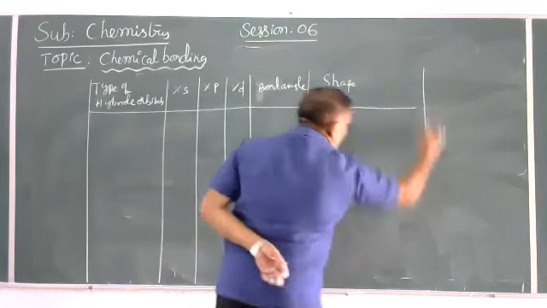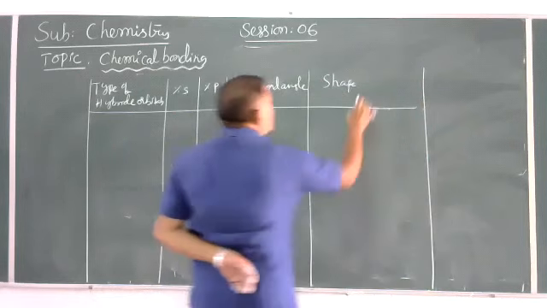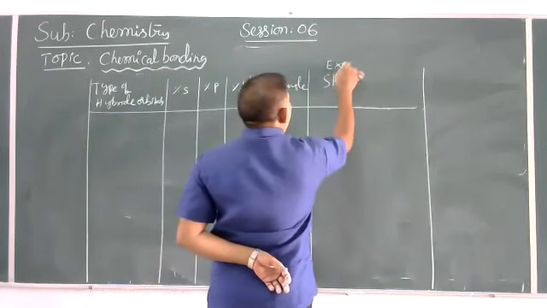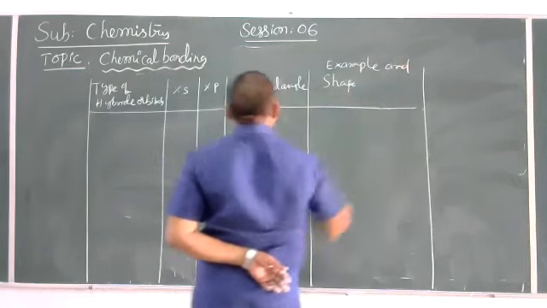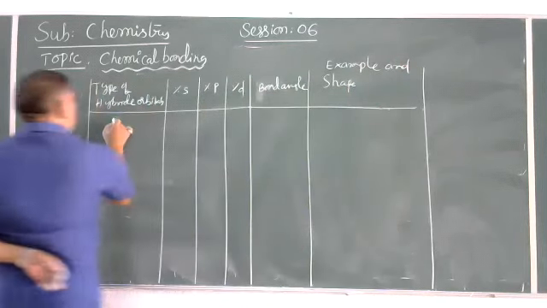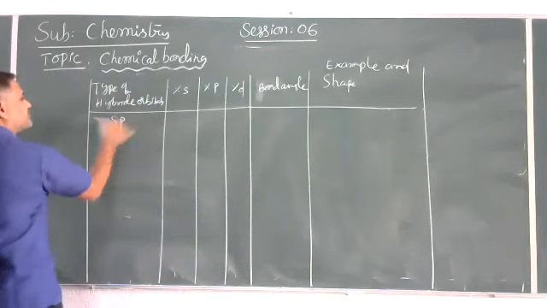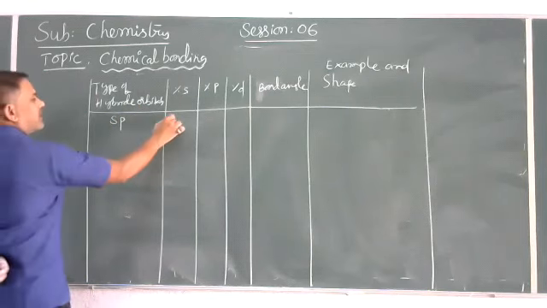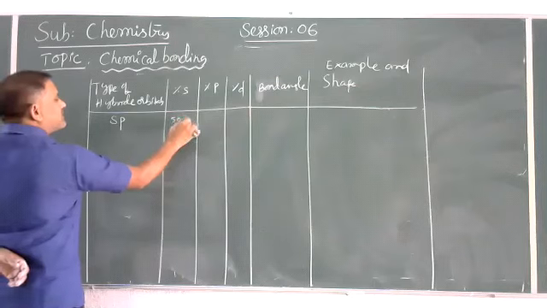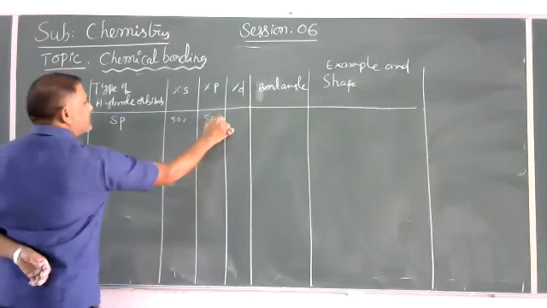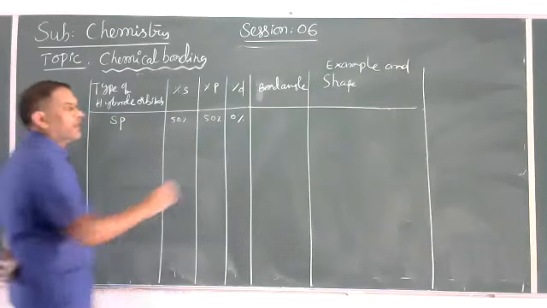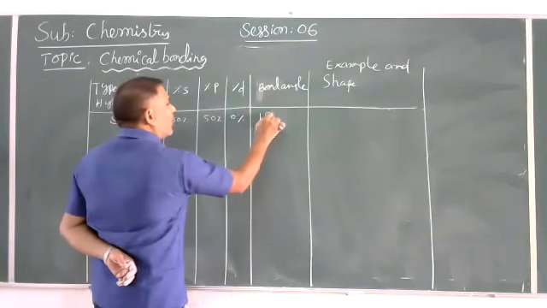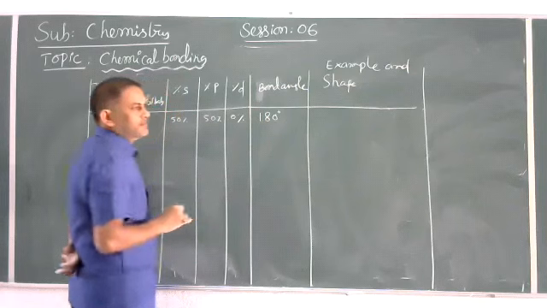One important shape and example. The type of hybridization is sp. s character is 50 percent, p character is 50 percent, d character is 0 percent. For this the bond angle is 180 degrees.